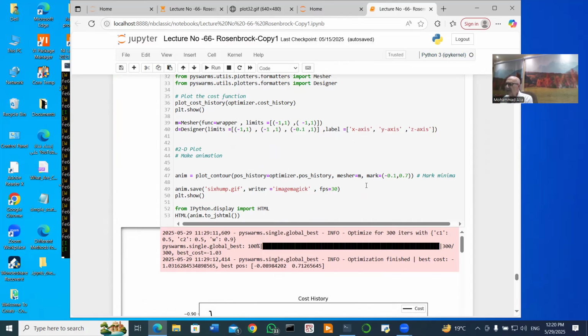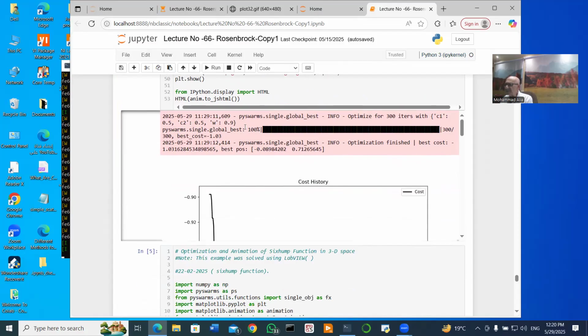So, when we run the program, we will have, as I told you, the result of optimization. The result is given to you here. Look, best cost is 1.0316. Look how precise the Pyswarms algorithm is. Really, it is fantastic, exactly as it should be.